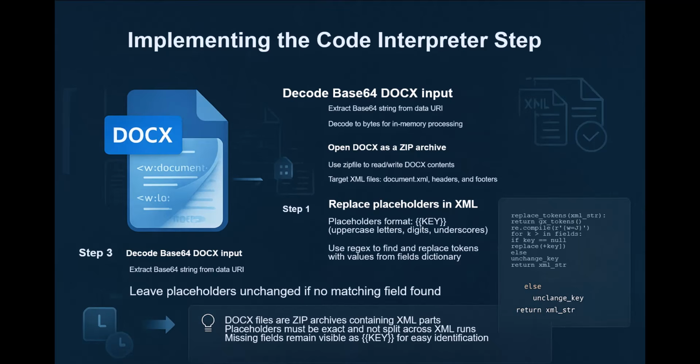So it actually uses Python to read the incoming document, then looks at the headers and the footers. It opens up that docx file as a zip file. And then it's going to replace all of that information, as I said, and then actually returns the file back to us. So if you've ever gone into things like ChatGPT or into Copilot and you've given it a file or asked it for a file output, this is what it's using in the background.